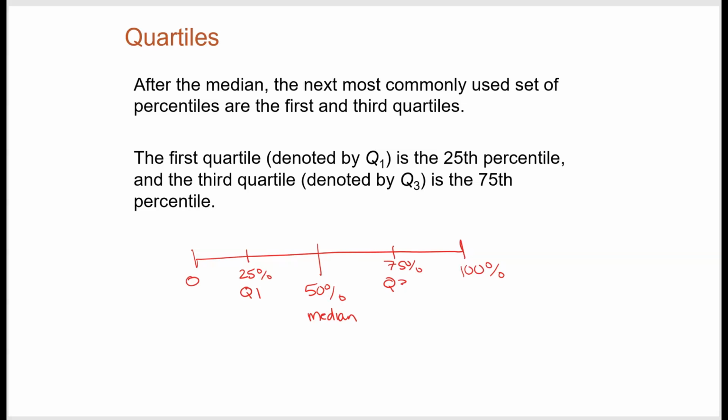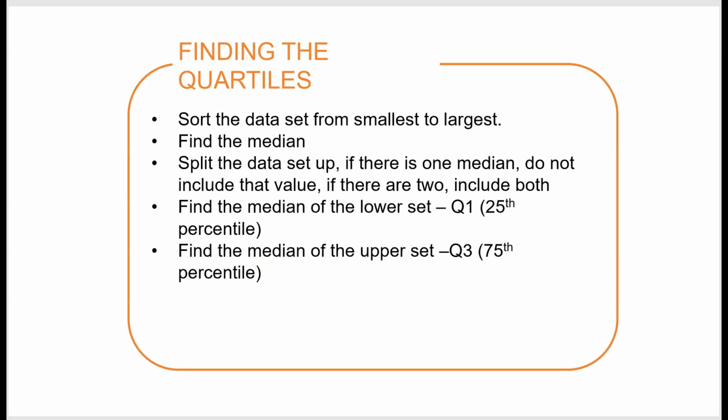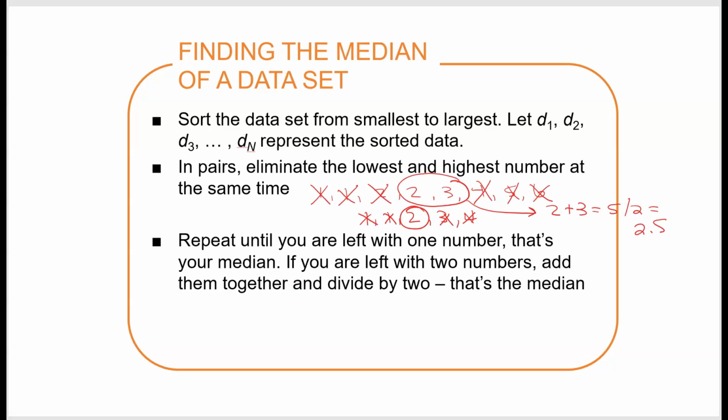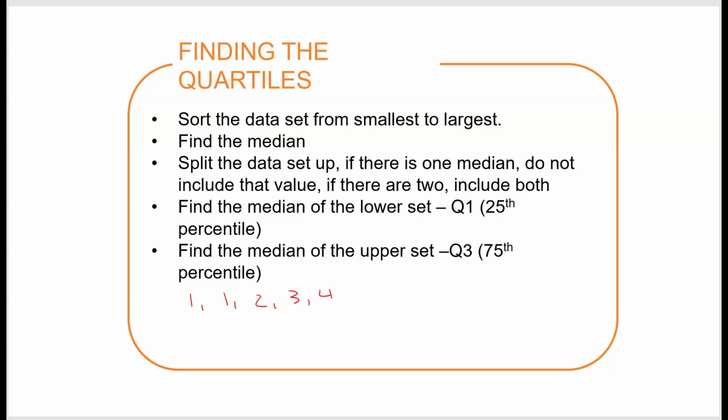This is our quartile 3. So how do you find the quartile? Well, first you have to find the median. So I'll show you here with our example from earlier. So low, high, low, high. Oops, sorry about that.